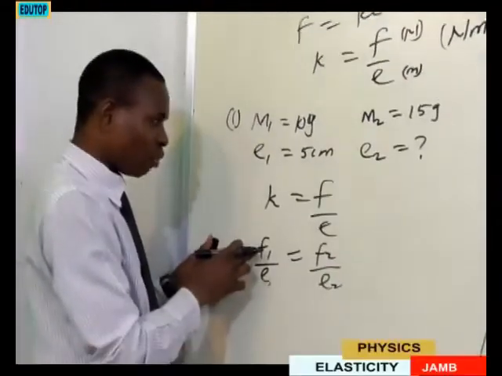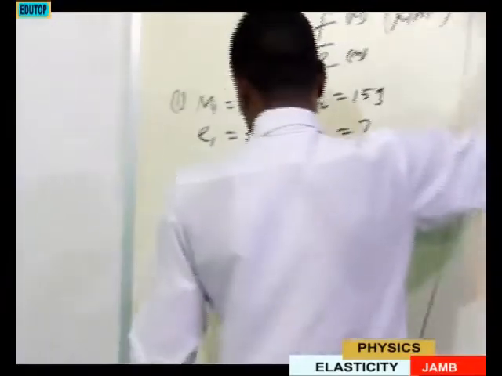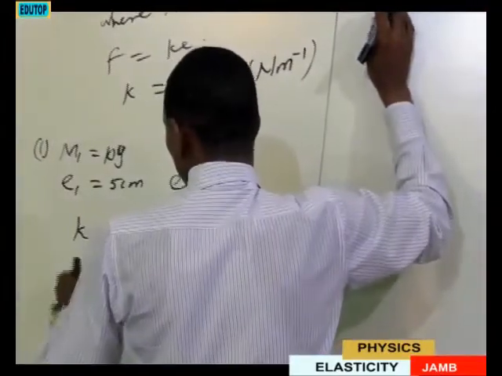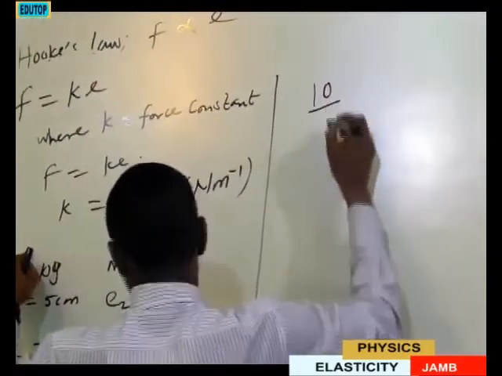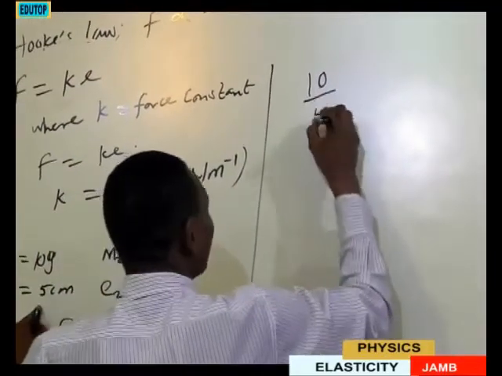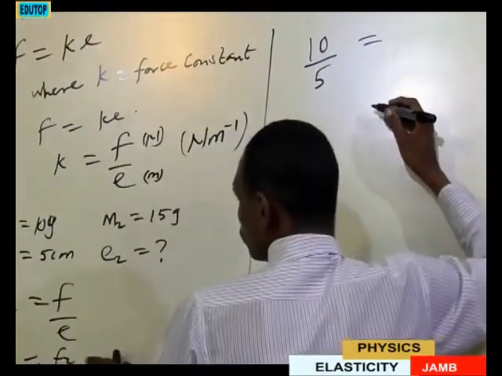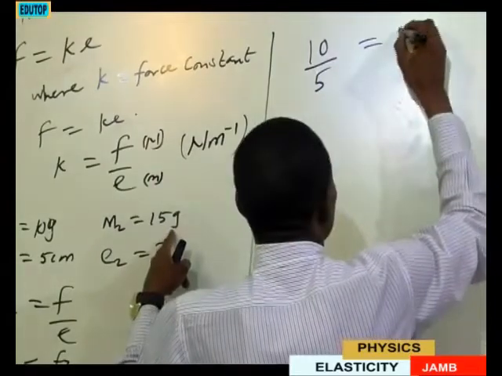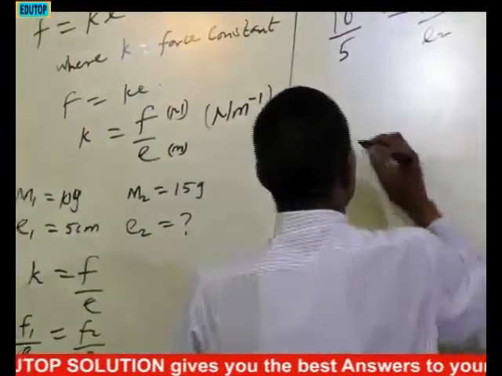We are still going to take our force as mass in this case. So, for our F1, you are going to take M1 in place of it, it will be 10 divided by 5 will be equal to our F2, which will be taken as M2, 15 divided by E2, and that's what we are looking for.